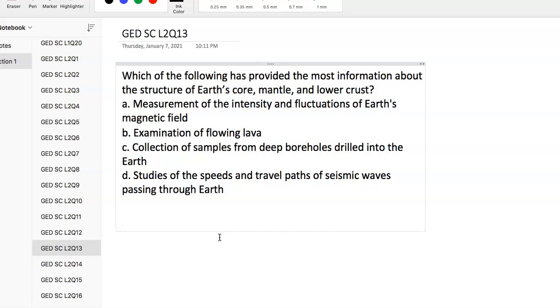Question 13. Which of the following has provided the most information about the structure of Earth's core, mantle, and lower crust? And the answer we want there is that studies of the speeds and travel paths of seismic waves passing through Earth.